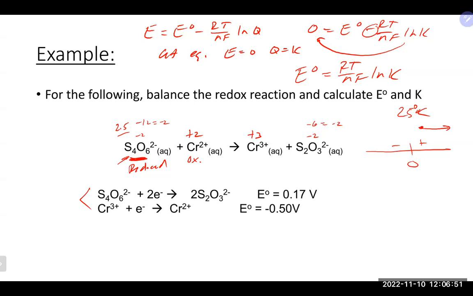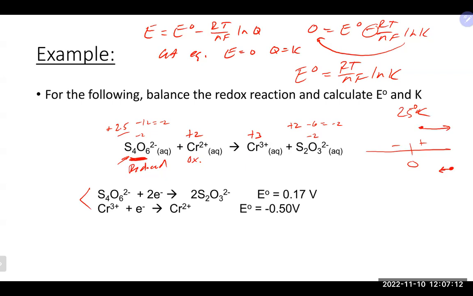There's 2 of them, so it would actually be +2 in this case. So the sulfur is starting at 2.5 and going to 2, which is a movement in that direction, which is being reduced. Remember, oxidation states don't necessarily have to be whole numbers. They can be halves and stuff like that as well.